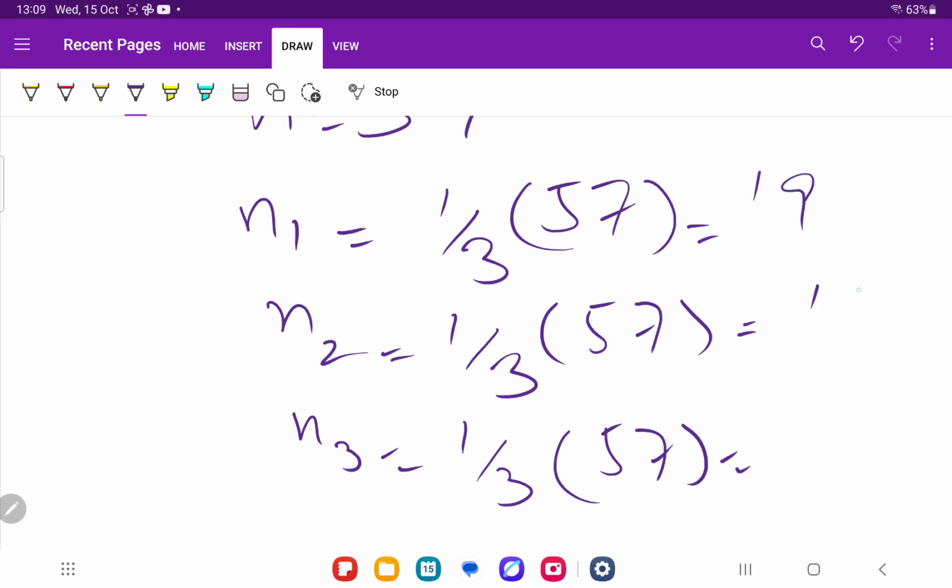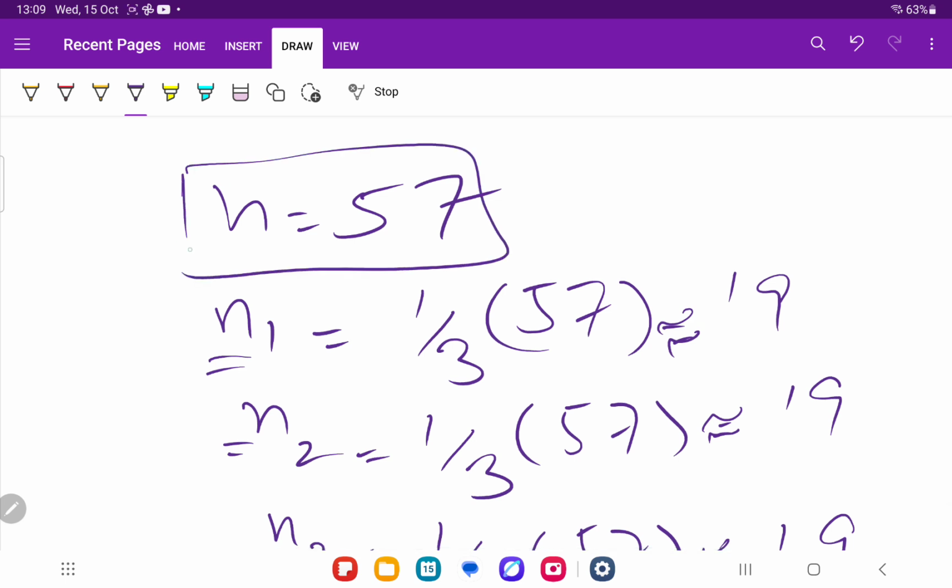So it is almost 19. Okay, that is almost 19. So you just mention this type of approximation. So that's how you will be obtaining the sample size for each stratum, and the sample size for the population.